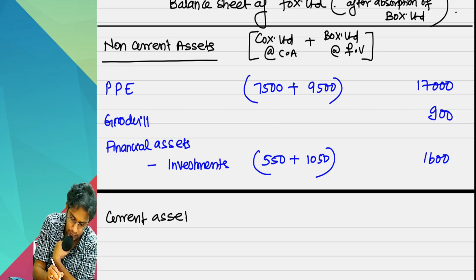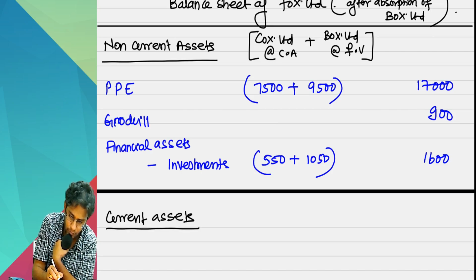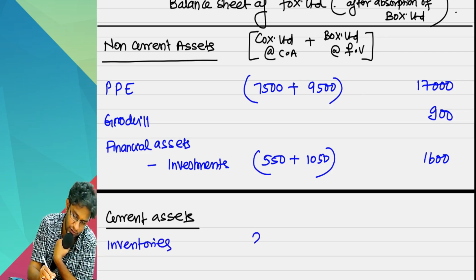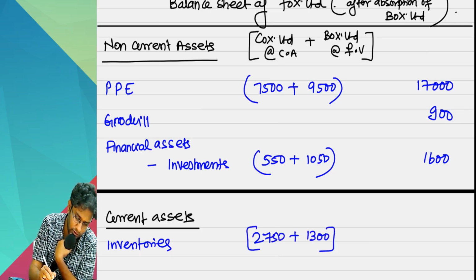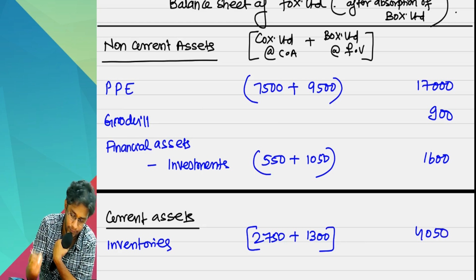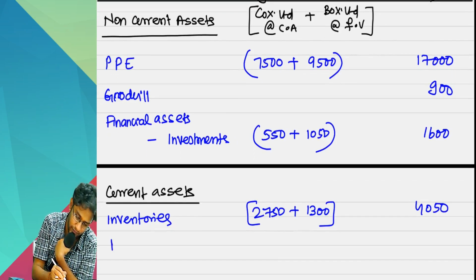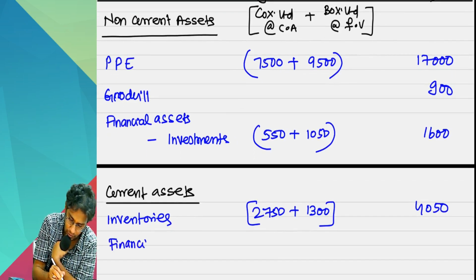Current assets. Inventories: inventory also has fair valuation. 2750 plus 1300 fair value, how much is this? 4050. Next you again have financial assets.